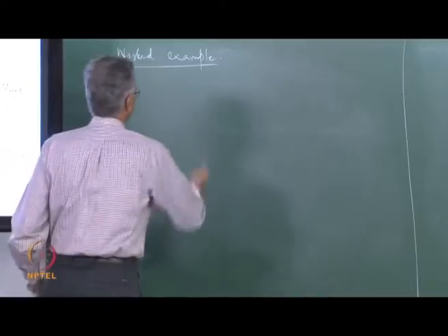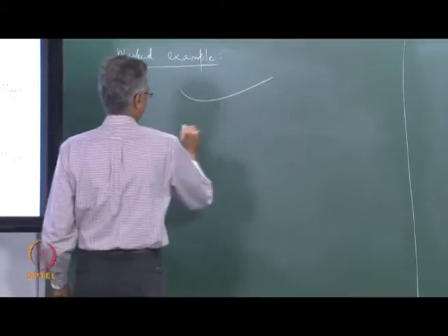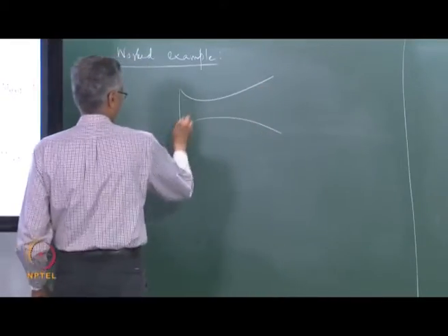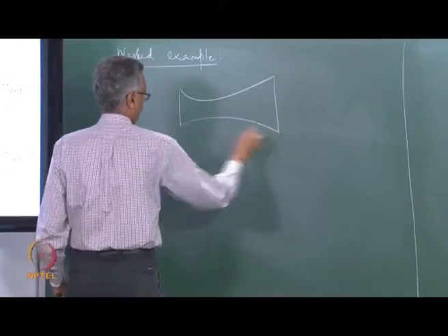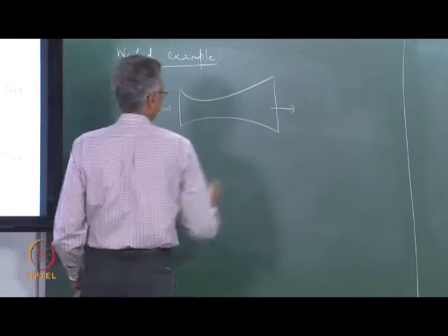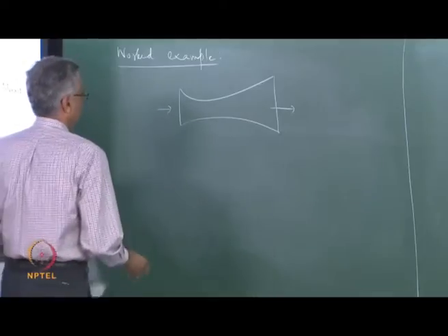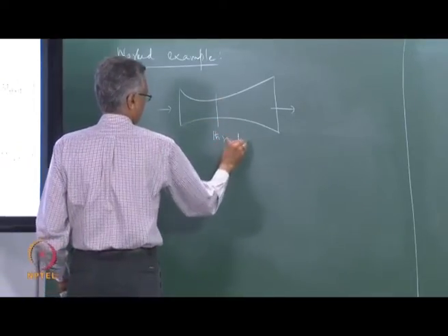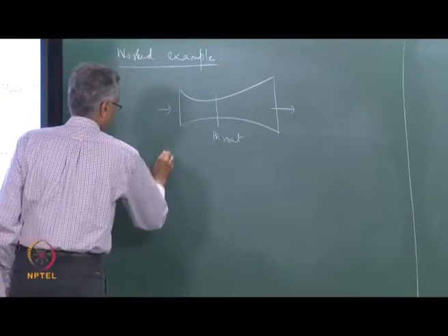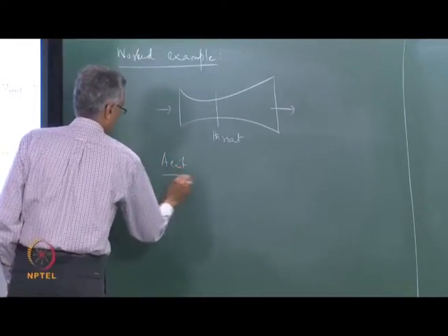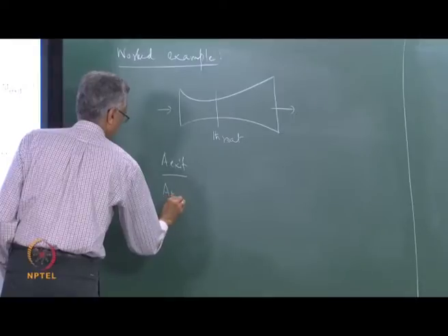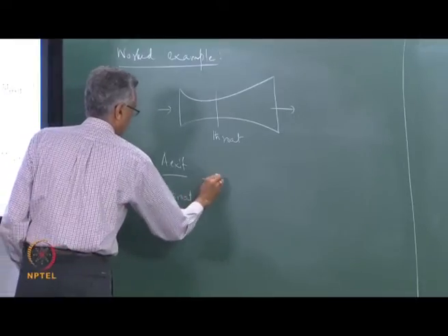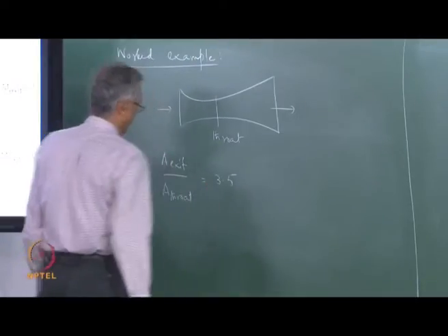So, we have a convergent divergent nozzle, and this is the throat. It is given that the exit area A exit to A throat is equal to 3.5.